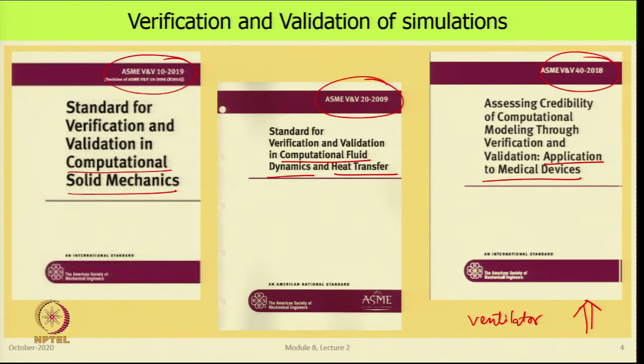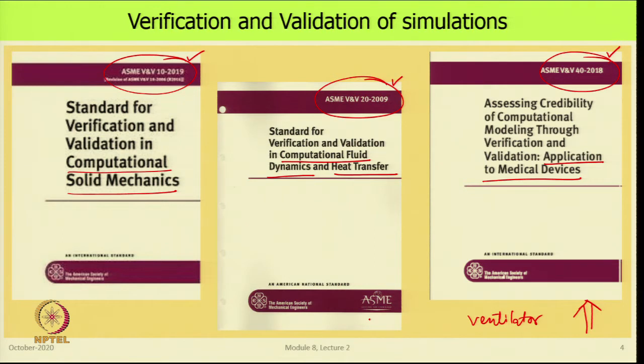As you can see here, this standard is dated 2019, this is 2009, and this one is 2018, which tells us that these are very recent standards, and this field is a very young and evolving field, and we will still see more changes happen maybe in the next 5, 10, definitely 20 years.